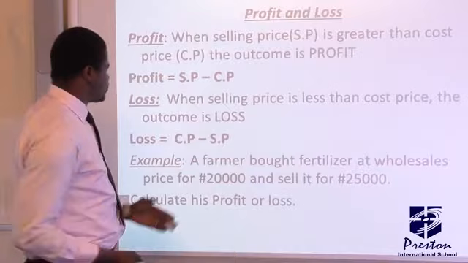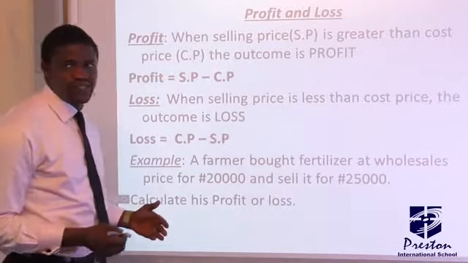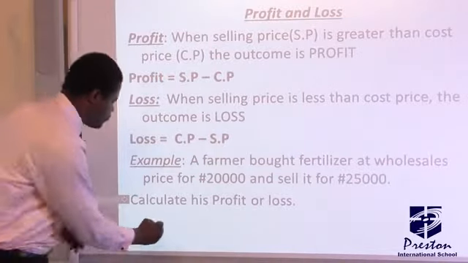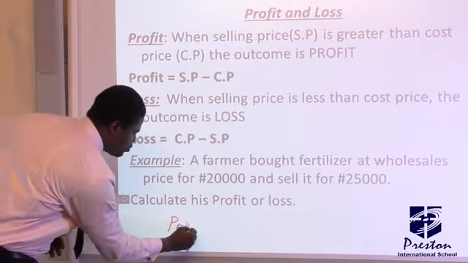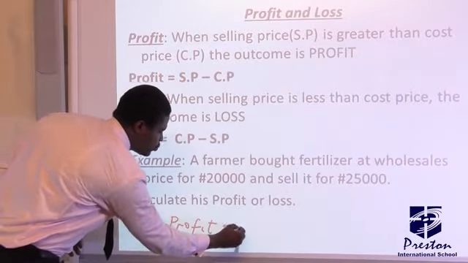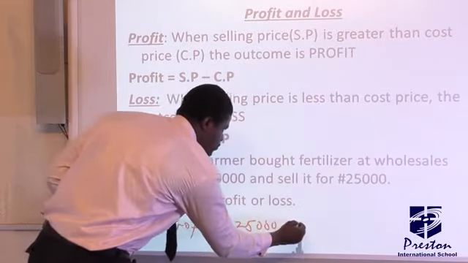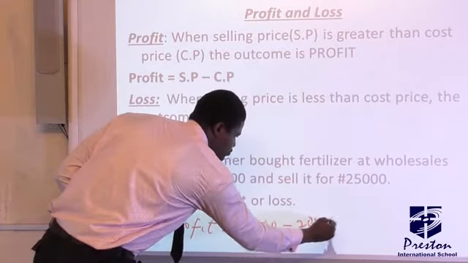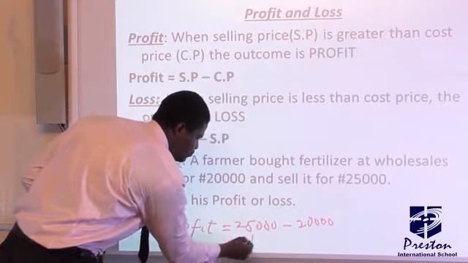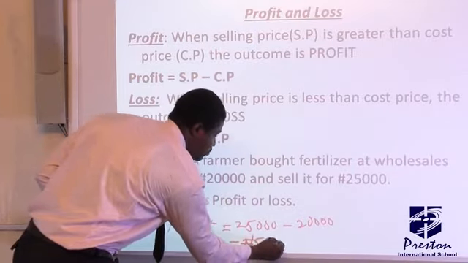Since the selling price is greater than the cost price, what we have here is profit. So to answer this question, profit is equal to 25,000 minus 20,000, so we have 5,000 there. Don't forget the unit.